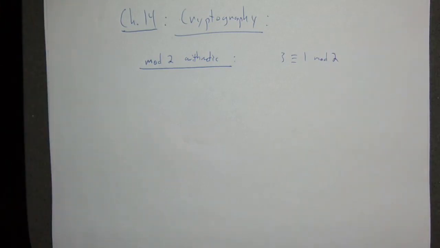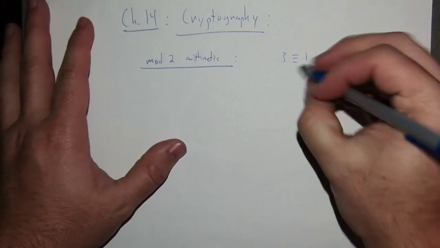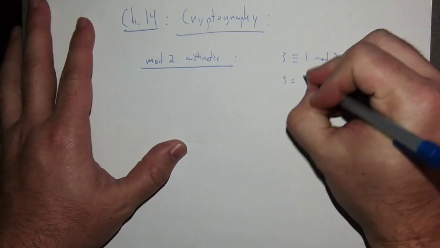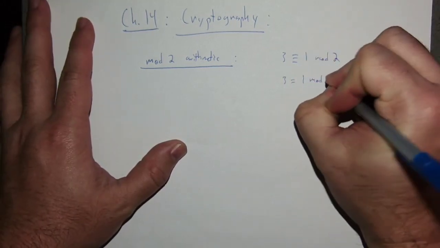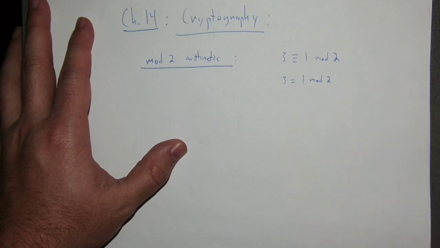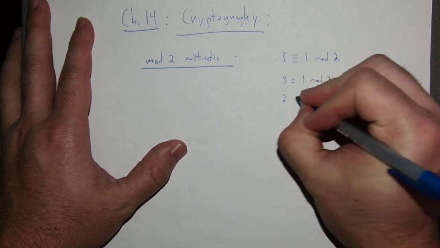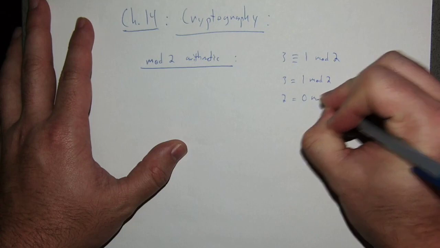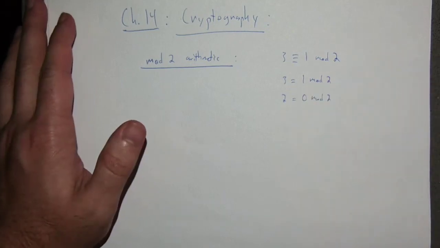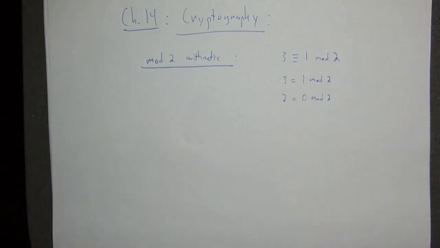Congruent here we're going to use as an equivalence relation. In the online notes he just says equal, and that's perfectly fine. So we'll just say 3 is equal to 1 mod 2. Another example, 2 is equal to 0 mod 2 because 2 is even. 3 is odd, so it's equal to 1 mod 2.